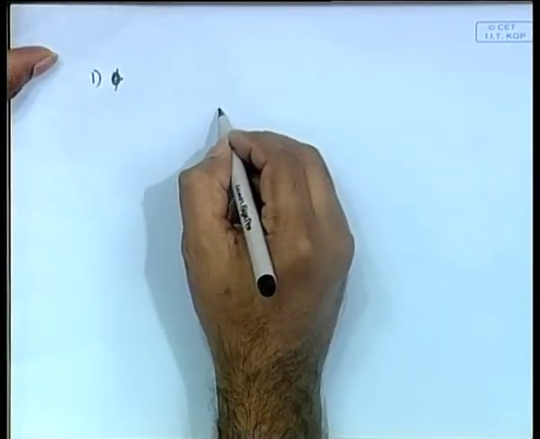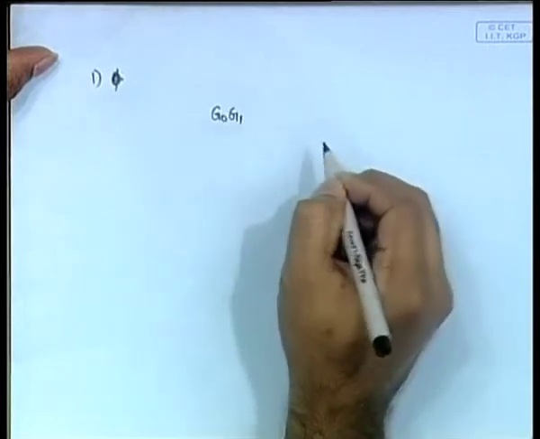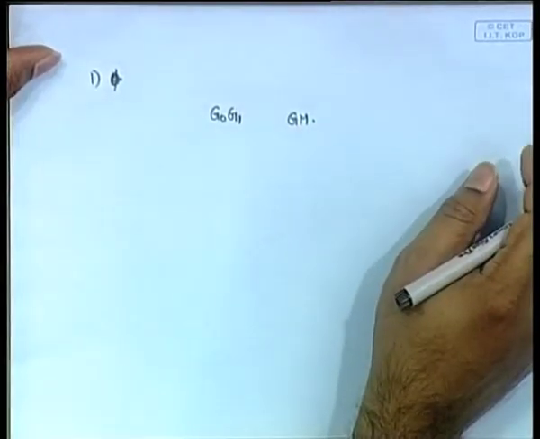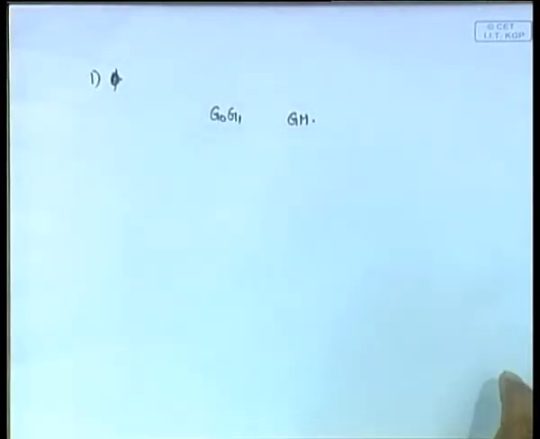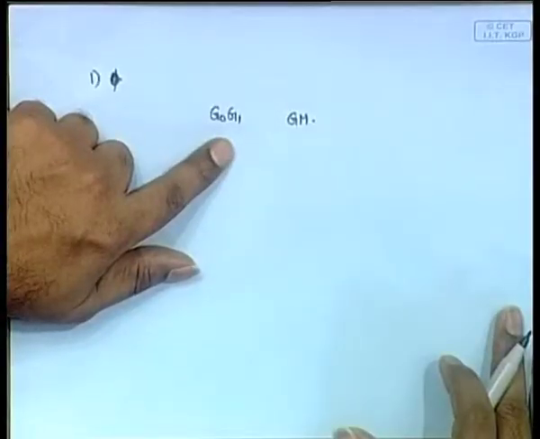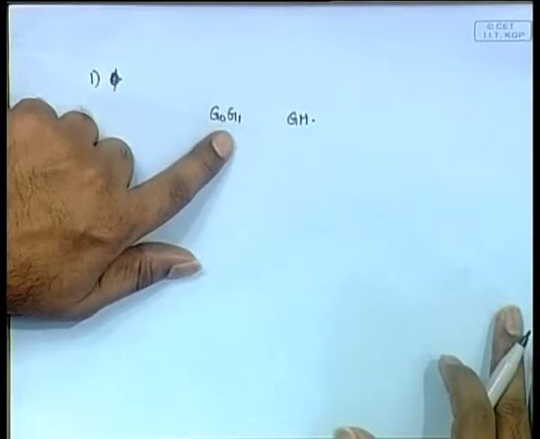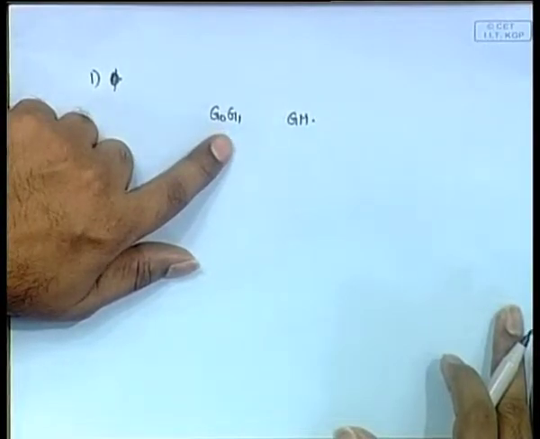To do the inclining test, you need two things, G0G1 and GM. There are a lot of formulas we have derived so far, and of course they are all interrelated, but you have to remember all those formulas. So, G0G1 and GM are required in order to calculate theta.